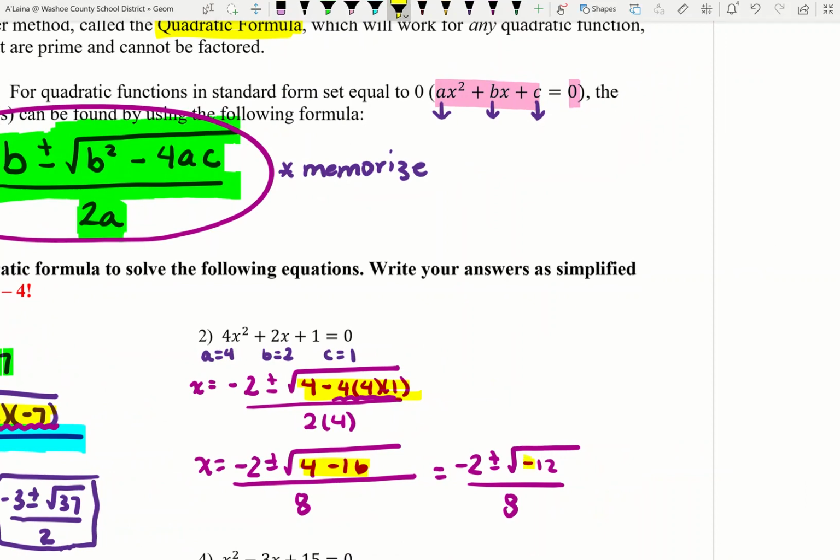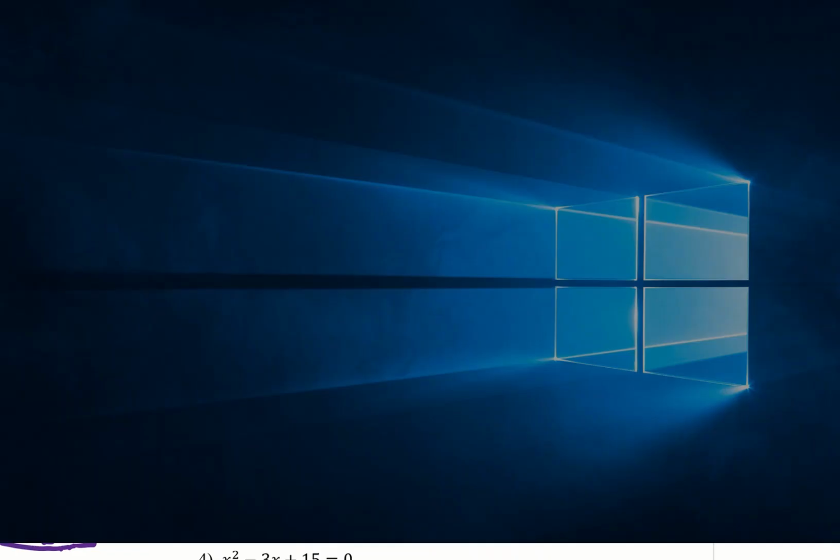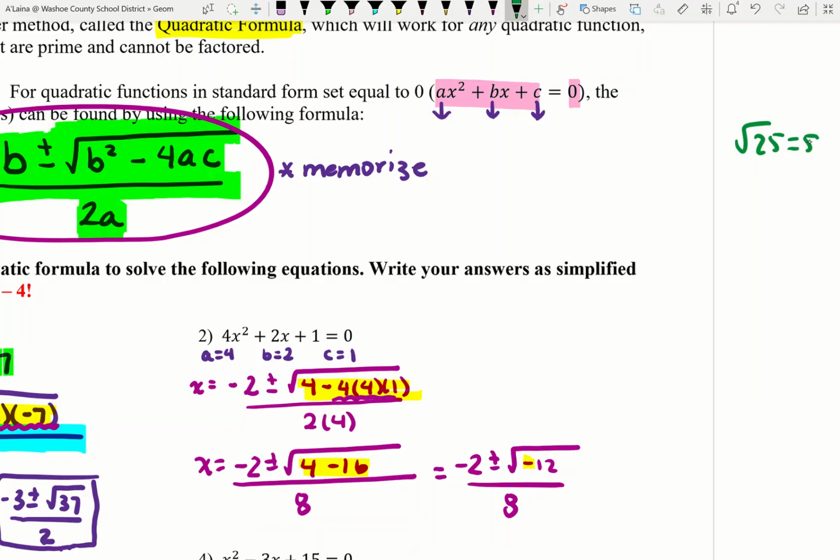I want you to think back to what we talked about a little bit earlier in the year. A square root means a number times itself to give you that value. That's why the square root of 25 is 5, because 5 times 5 gives you 25. Well, how can you do a number times itself and get a negative? You actually can't do that with real numbers.